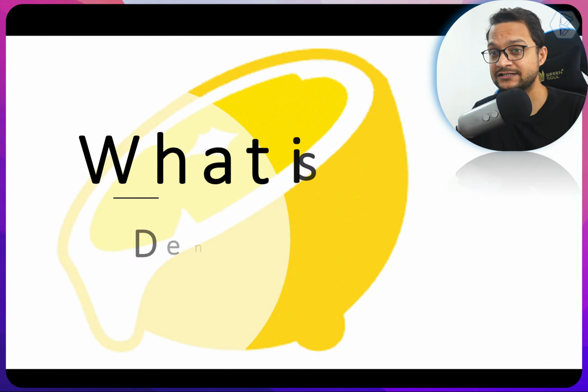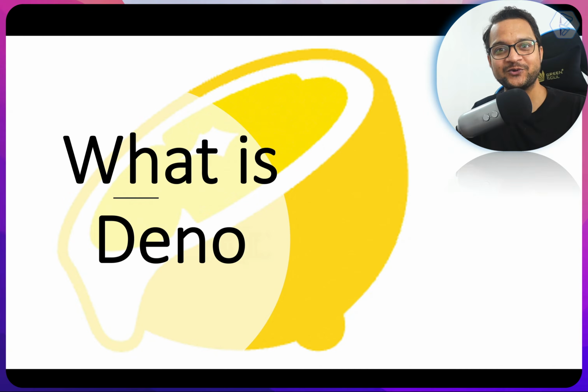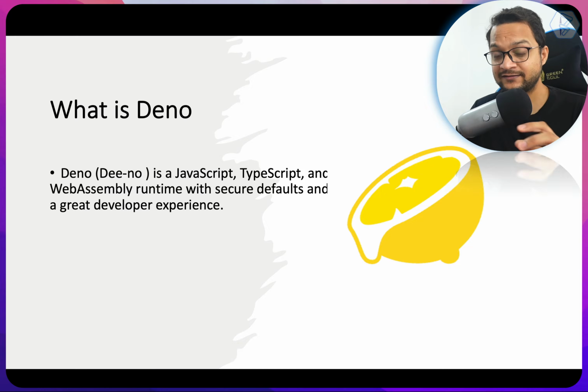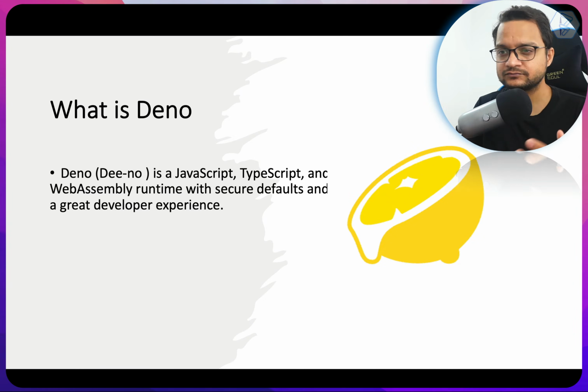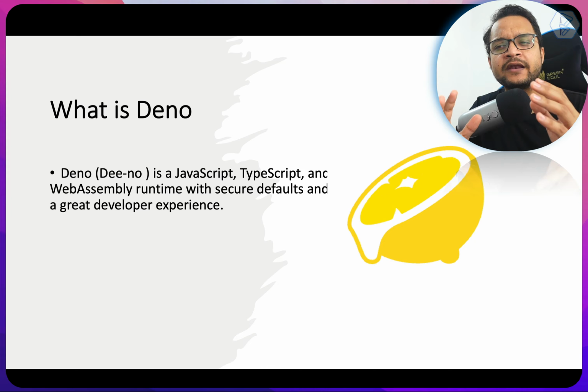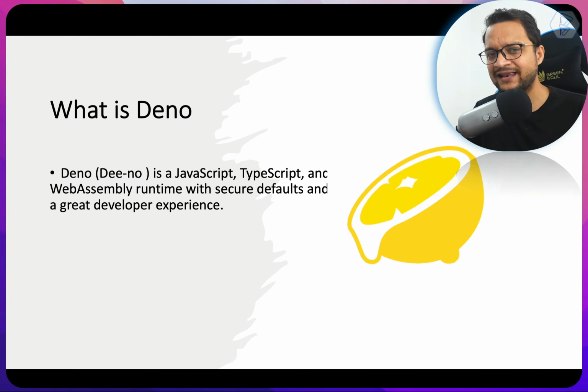But we know Fresh is a framework of Deno. So the question comes to my mind, what is Deno? If you don't know about Deno, its name says Deno. I was calling it Deno before, but it's Deno. So Deno is a JavaScript, TypeScript and WebAssembly runtime. It's not a language, it's not a framework, it's a runtime.